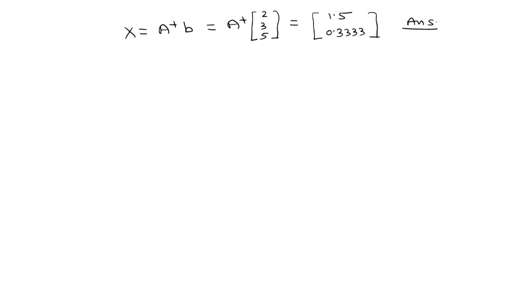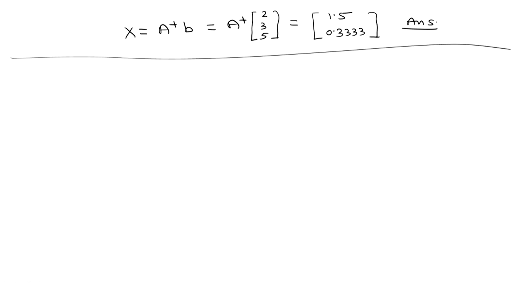So, in this way we can calculate the least square approximation solution using the singular value decomposition. In particular, we have used the singular value decomposition for calculating the pseudo inverse. Now, let us make the analysis of it. How have we done it?